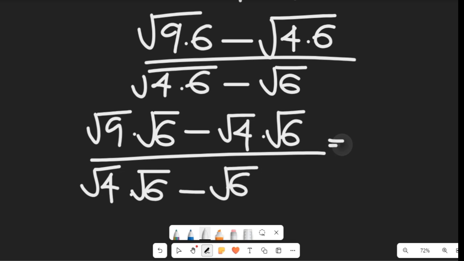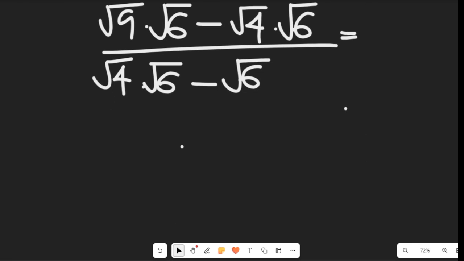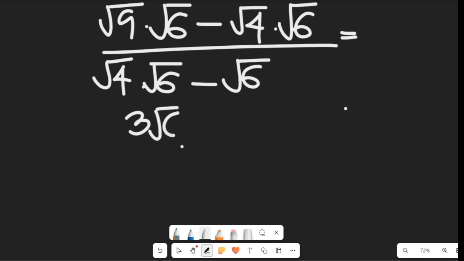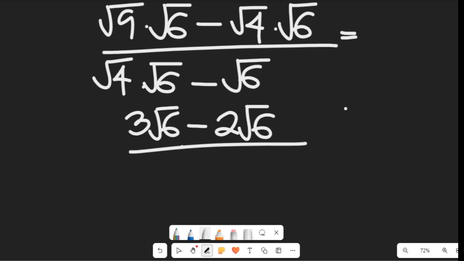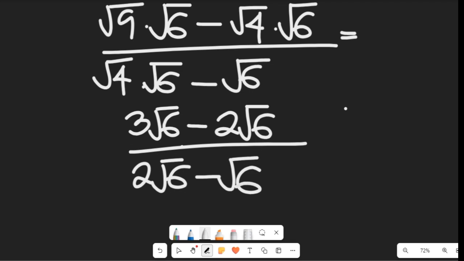And this is going to give us the expression will now become square root of 9 is 3 root 6 minus square root of 4 is 2 root 6 divided by square root of 4 is 2 root 6 minus root 6.